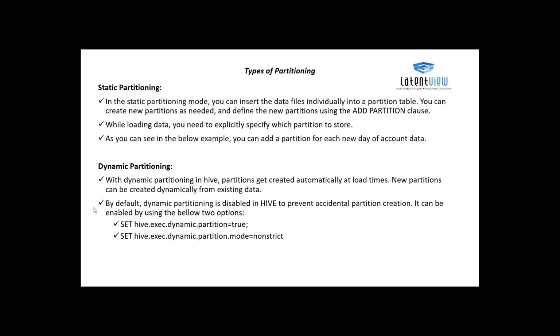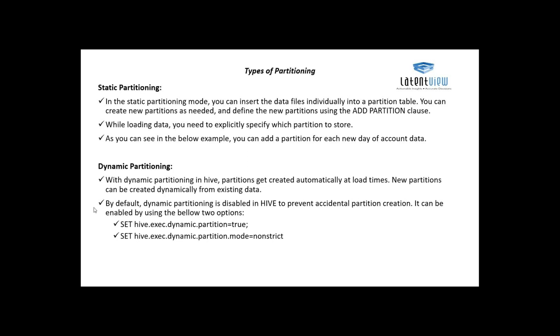Let me just summarize. Partitioning can be used only if your volume of data is very huge, you are going to frequently query on one particular column, and that column should have minimum distinct values. Because if it does not, again it will create an overhead and the throughput will be very low.